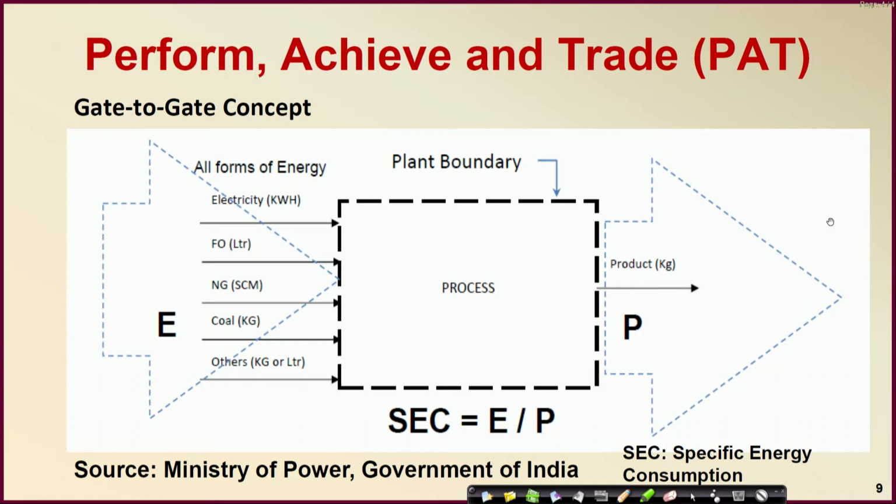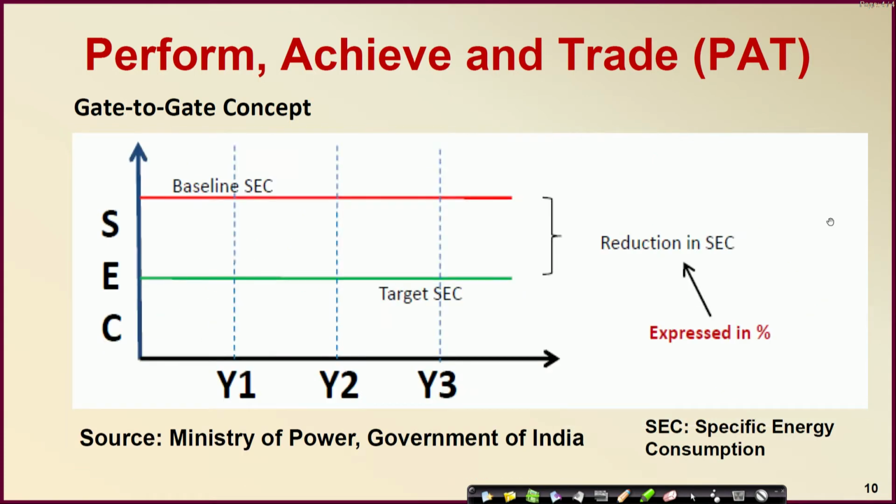Is it clear? So, one side is all forms of energy that a particular organization uses, and the other side is the product that you form, and you have a specific energy consumption figure for every such organization. So, here is the idea that we have a baseline SEC. You can see this is our baseline SEC, that is what is computed.